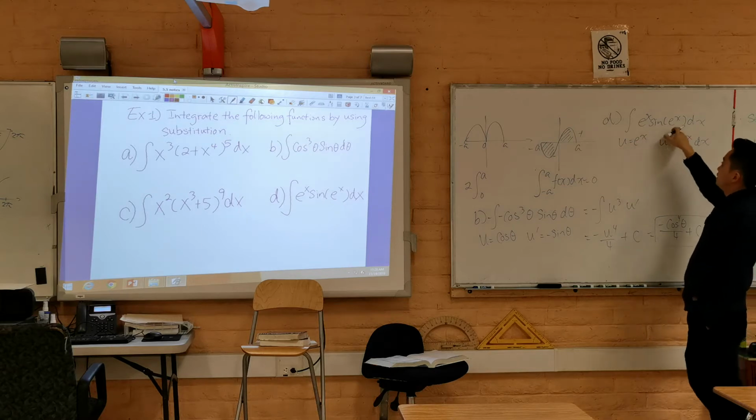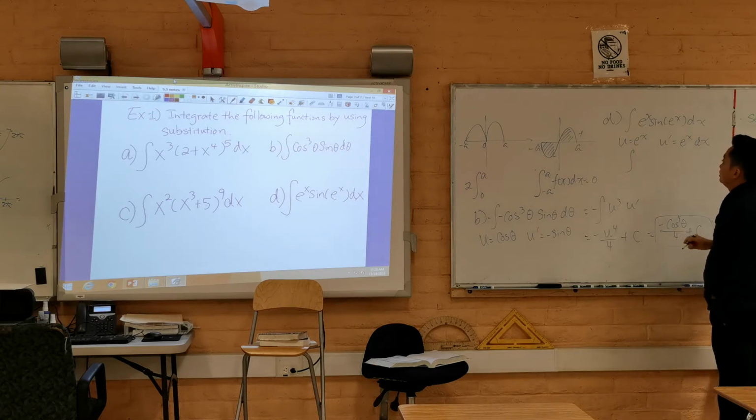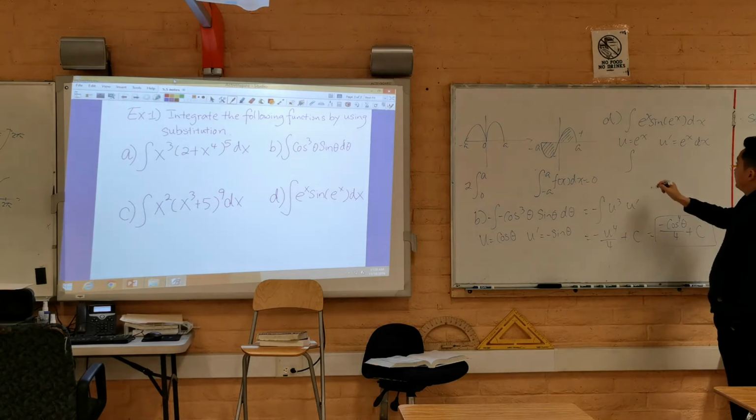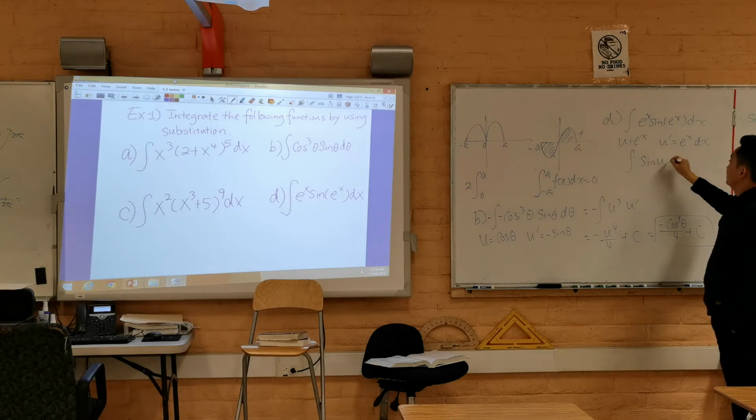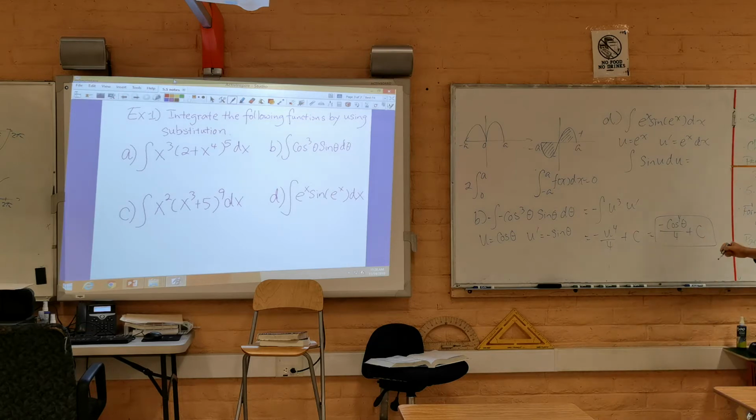And then u is e to the power of x. So by substituting, we get sine of u, and then du. So the integral of sine of u is negative cosine of u, plus c. And then unsubstitute, so we have negative cosine of e to the power of x, plus c.